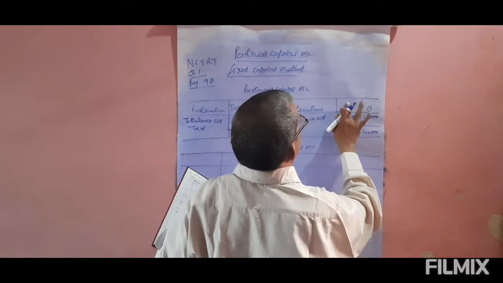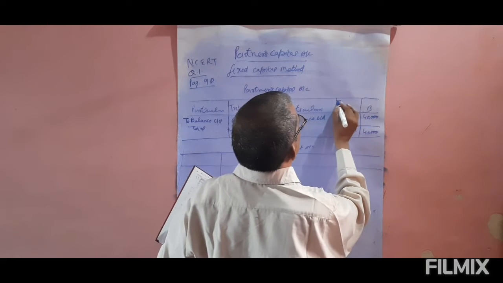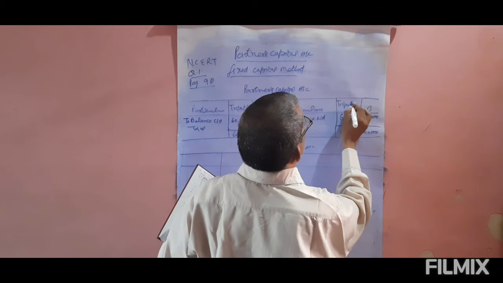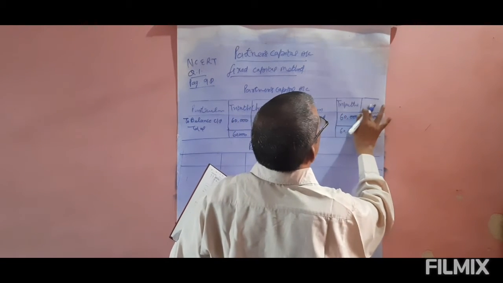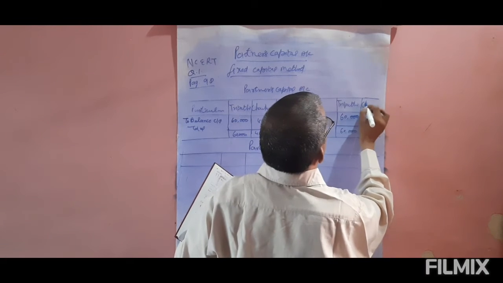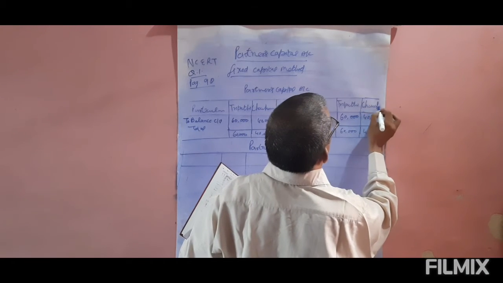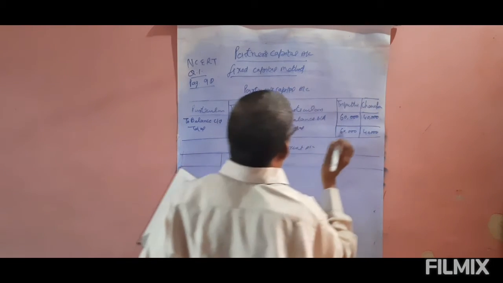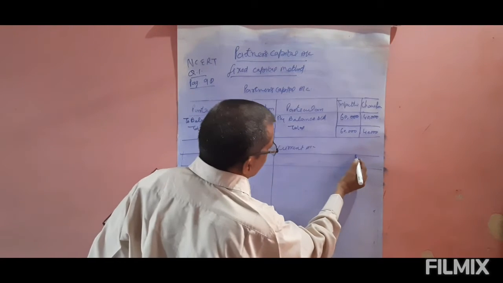Here is Tripathi and here is Chauhan. Here is Chauhan. Now here are also two accounts.